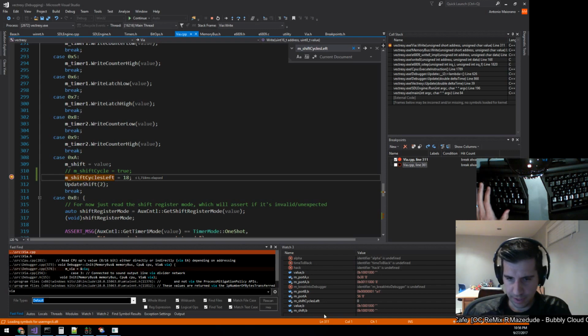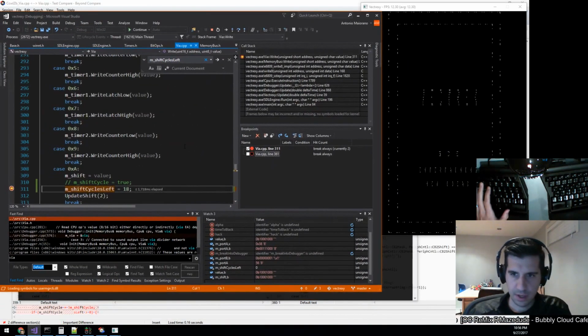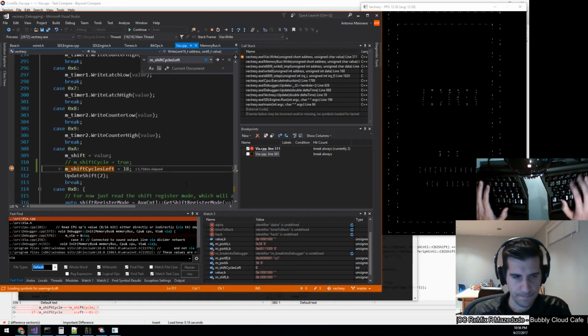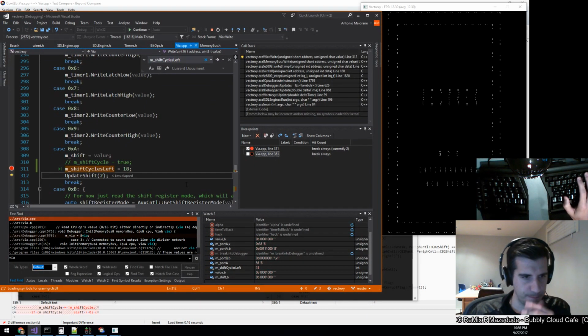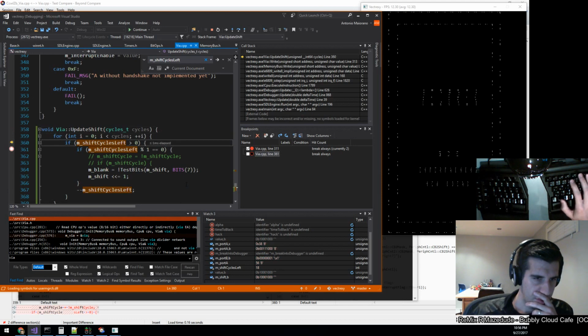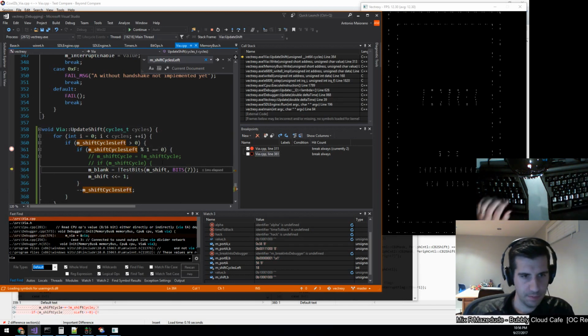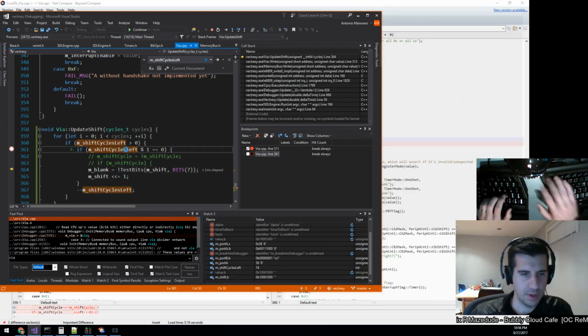So shift value, yeah, it looks like again like a V. Set that to 18. I'm an idiot.